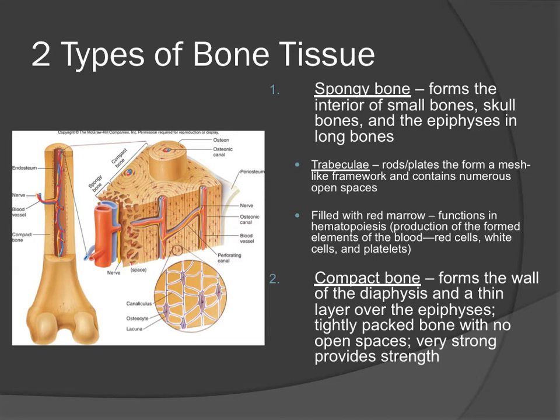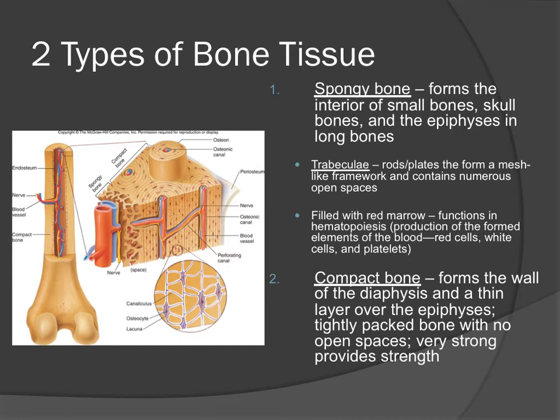So it contains red bone marrow. And remember what happens in your red bone marrow, that's where your hematopoiesis happens, and hematopoiesis is the production of our blood cells. We have trabeculae, that's the rods and the plates that form a mesh-like framework and contains numerous open spaces. So again, it's filled with red bone marrow and it functions in hematopoiesis.